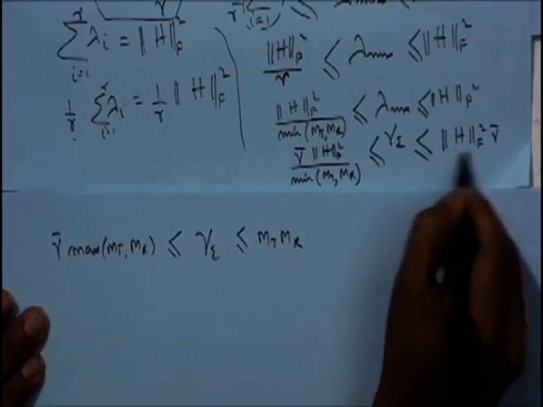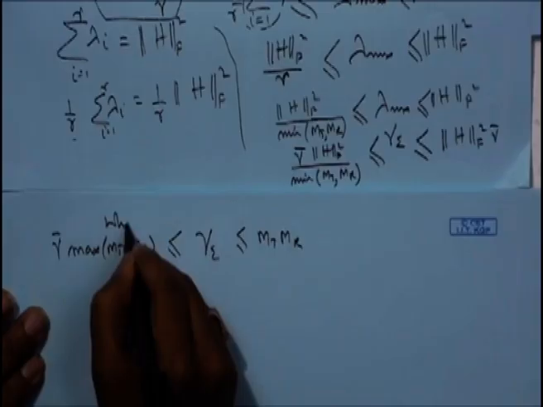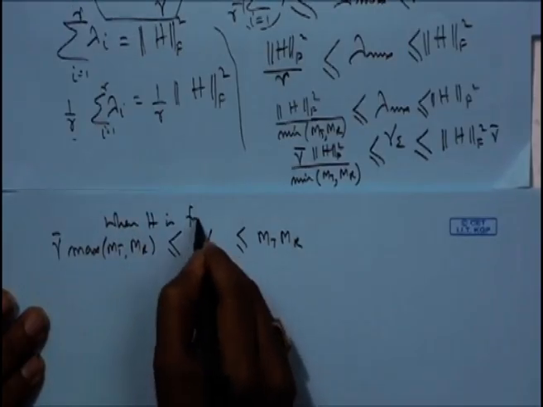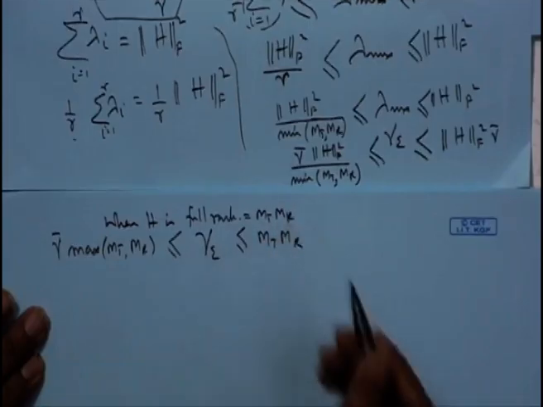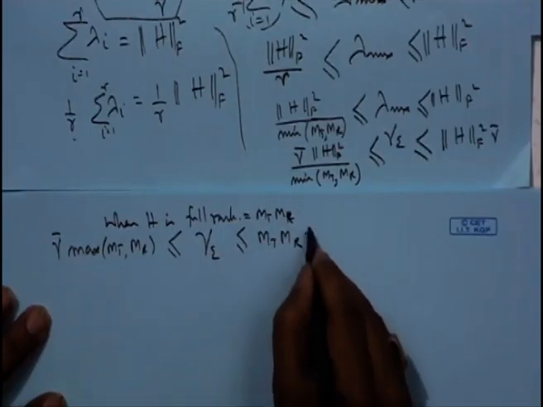So when H is full rank, this is MT MR times gamma bar.